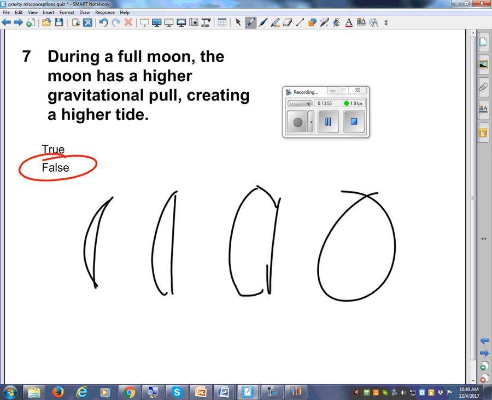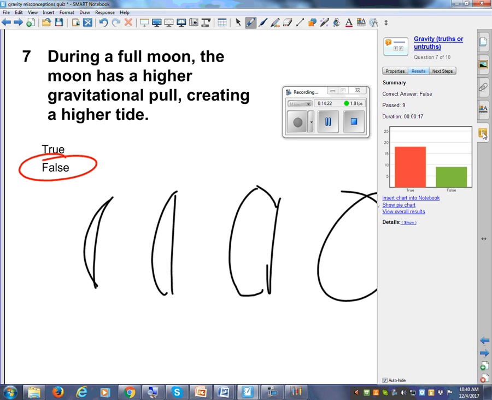When there's quarter moon, where's the other three-quarters? Still there, you guys. It doesn't go away. It doesn't disappear. It's not like my hairline. It's still there. You just can't see it. That's like my hairline. Okay? Yes. The same amount of gravity. Oh my goodness, you guys. Can't believe that many people said true.